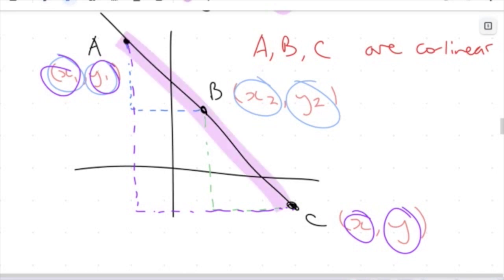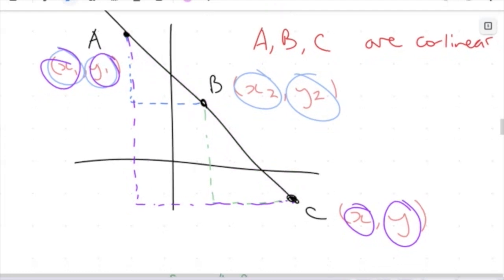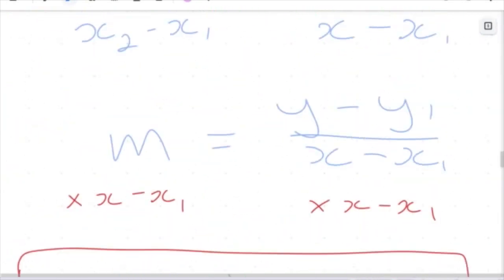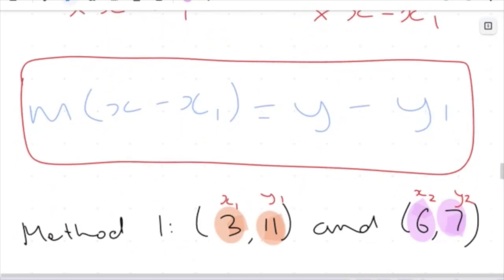They lie on the same line. So that means that any point that I substitute into my formula that I defined down here, I'm going to get the same equation of that line.